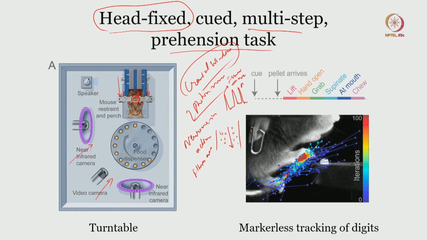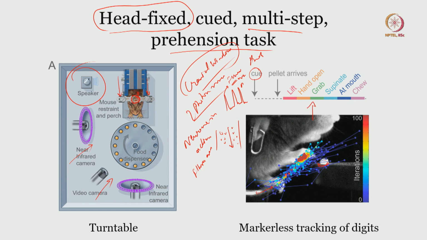Every time an audio cue appears, where the speaker is, the disc rotates, and the pit with the food pellet comes closer to the rat for it to grab. It rests the forepaw on a horizontal metal bar until the food pellet reaches closer to the rodent's mouth.